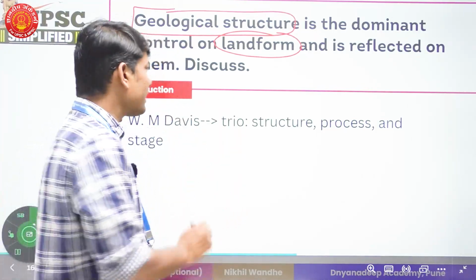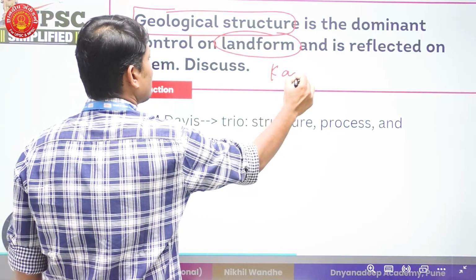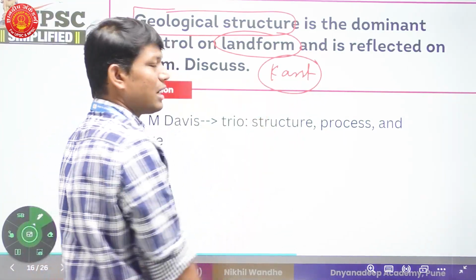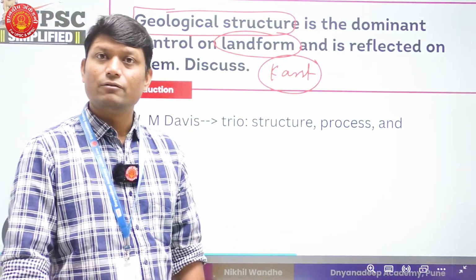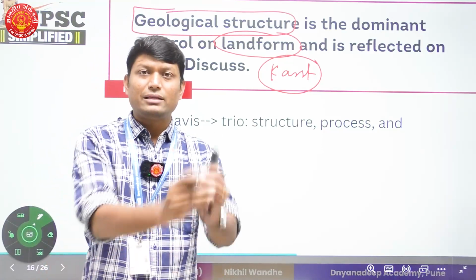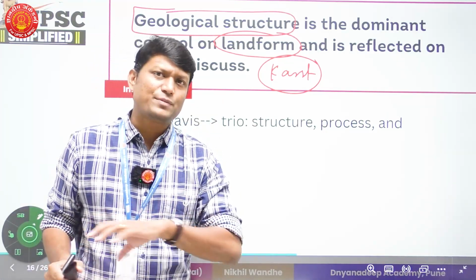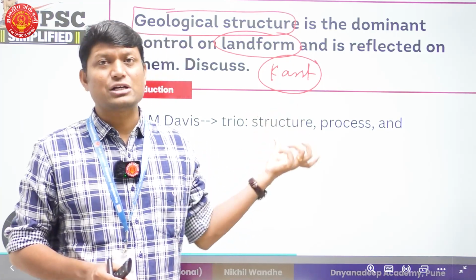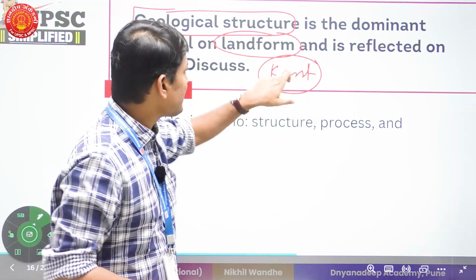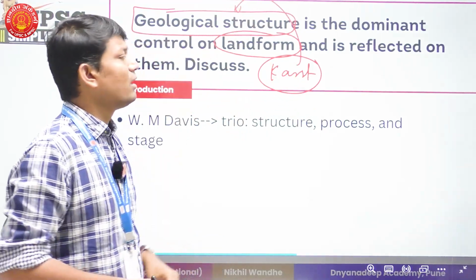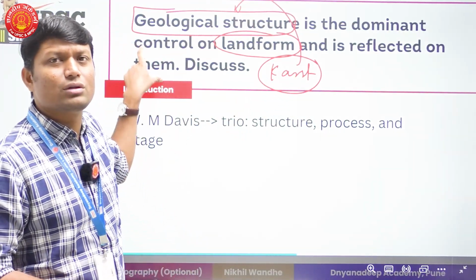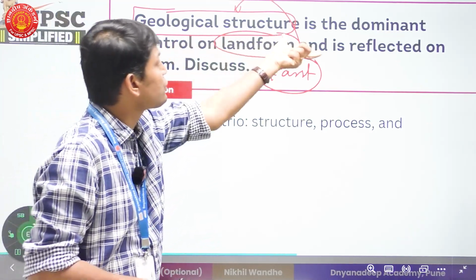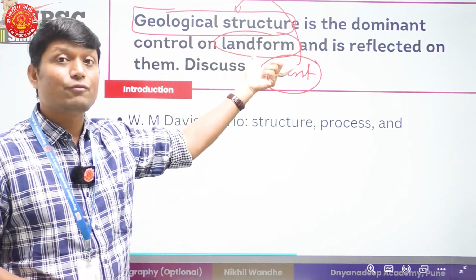I'll give you an example. Take the example of, let us say, karst topography. If you look at karst geology, it is a limestone bed, and in the limestone bed we have the formation of karst topography. If I take such an example, it 100% fits the statement that geological structure is the dominant control on landform.